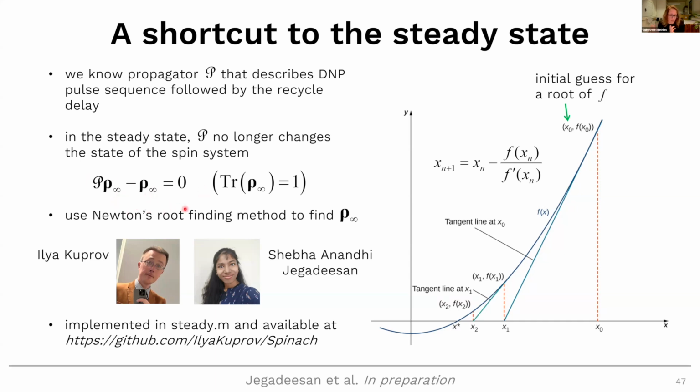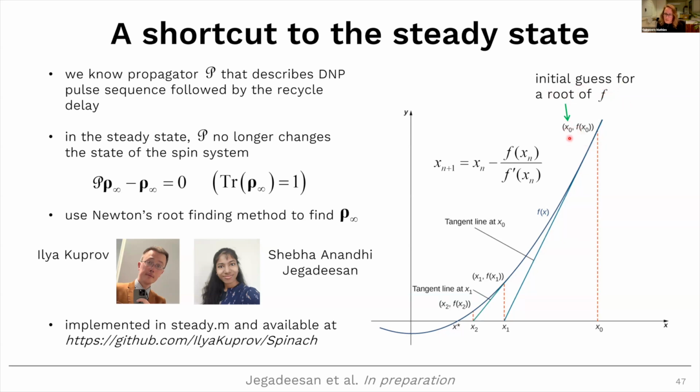And a numerical, or a smart way to do that is to use Newton's root finding method. For Newton's root finding method, also known as the Newton-Raphson method, you need to go back to your undergraduate course in calculus, because I'm pretty sure that you learned it there. So here's a figure that could have been taken from that course. You have some reasonably well-behaved function f, and you want to find the roots of that function.